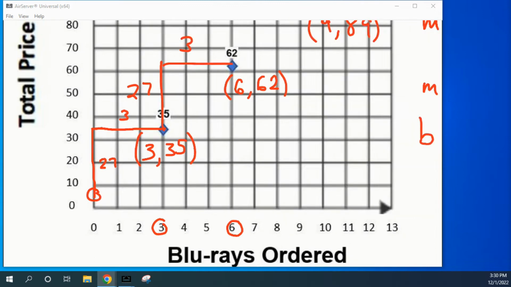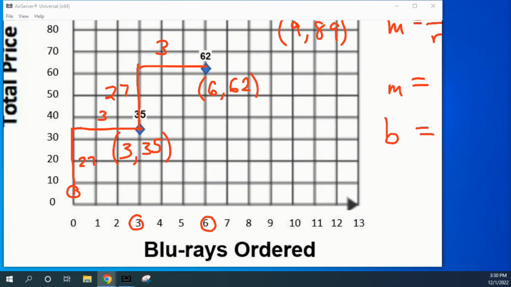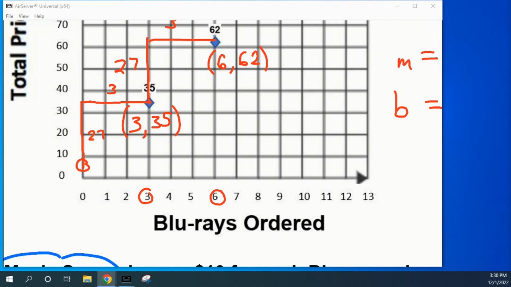The reason I say this is finding my y-intercept is because when we go left 3 from that point of 3, 35, it's going to give us an x value of 0. When I take 35, which is my y coordinate, and subtract 27, I get 8.